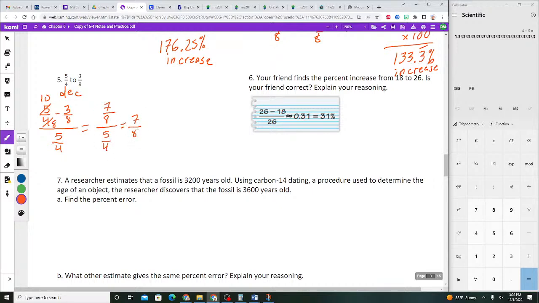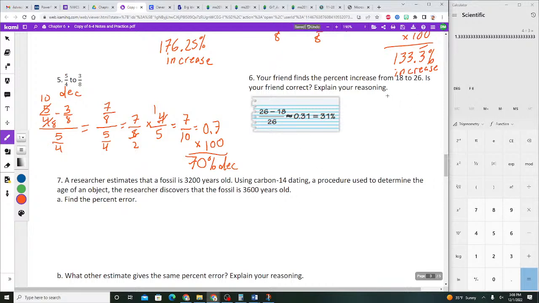Keep, change, and flip, better known as multiply by the reciprocal. So this becomes a 1, this becomes a 2. 7 times 1 is 7. 2 times 5 is 10. As a decimal, this becomes 0.7. Since this is a decimal, we want it as a percent, so we multiply by 100, and we find that this is a 70% decrease.